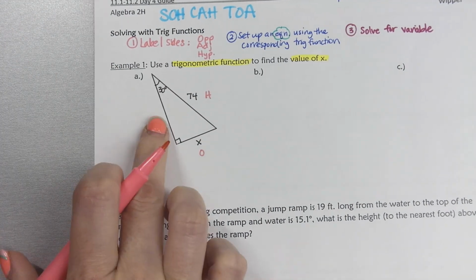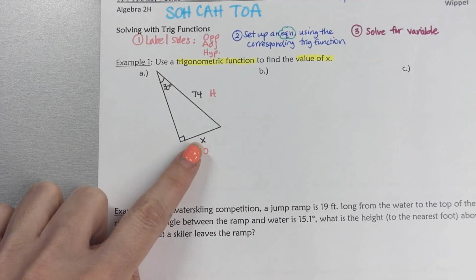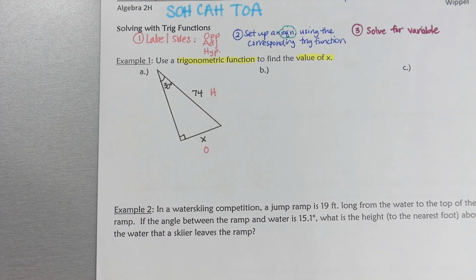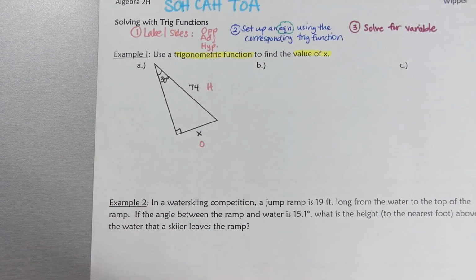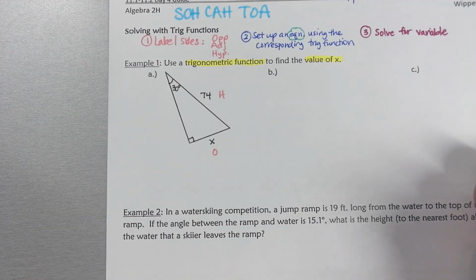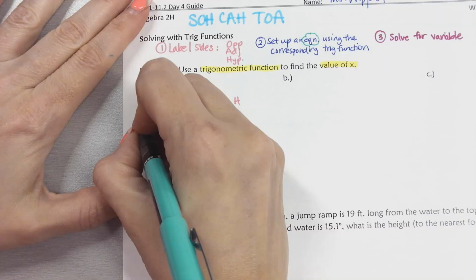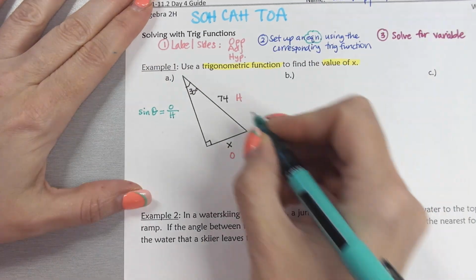And then this would be the adjacent side. So your unknown is the O. The known side is the 74. So if you have O and H, are we going to use sine, cosine, or tangent? The sine. So we're going to use the sine of theta equals O over H, since that's what we're given.